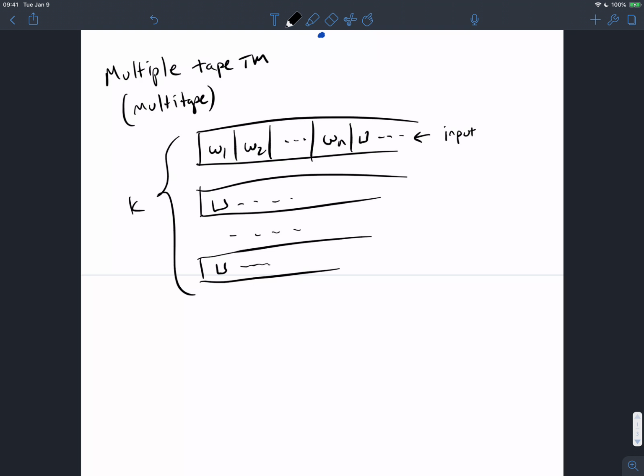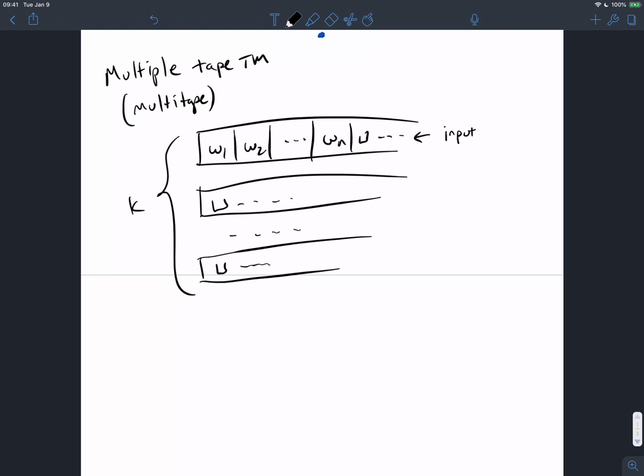So formally, we only need to make a small change to the transition function, which is we're going to be in some single state of the machine, but we have k things to look at on the tape. So instead of just a single element of gamma to look at, we're going to look at k of them.